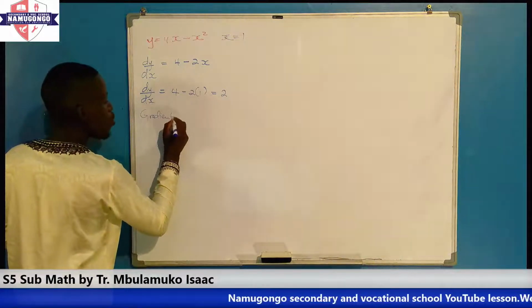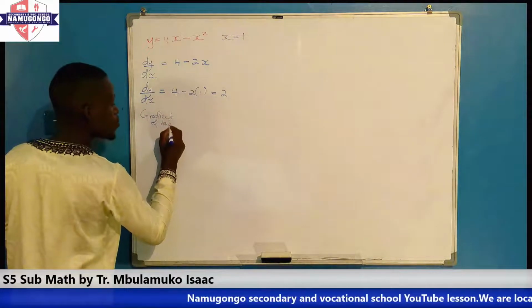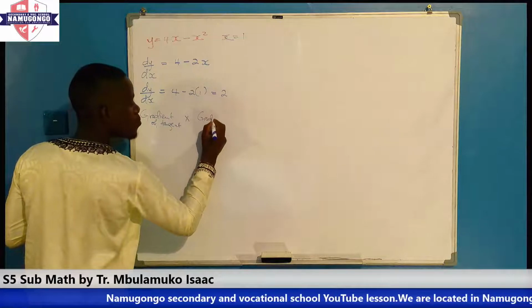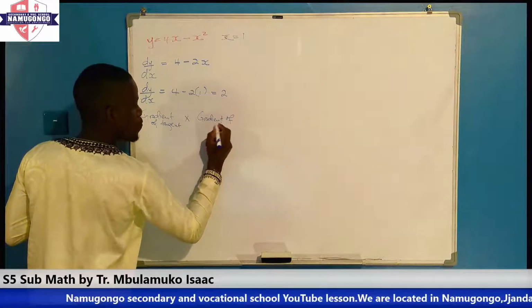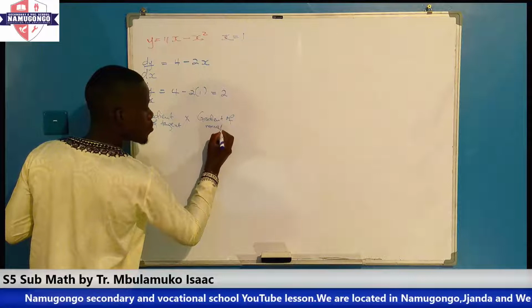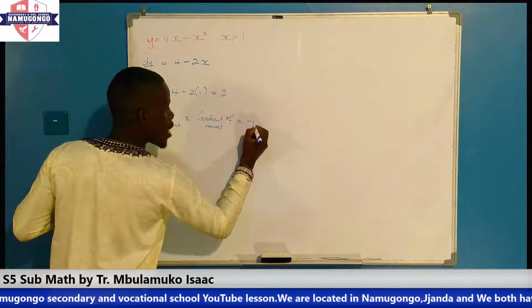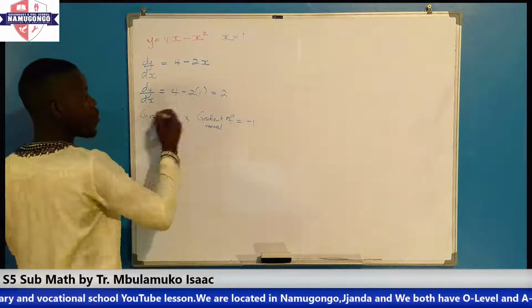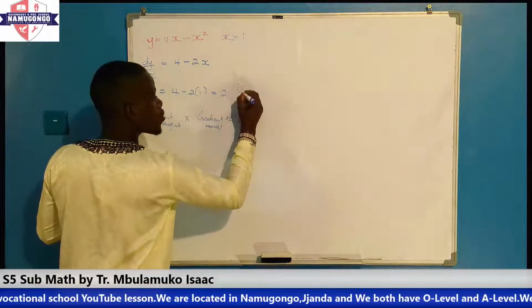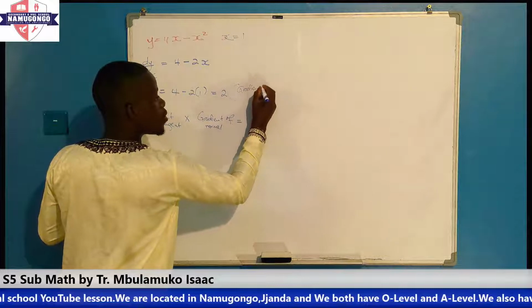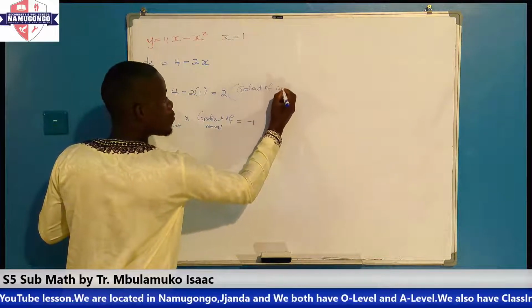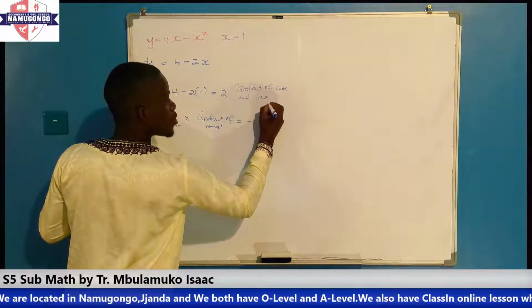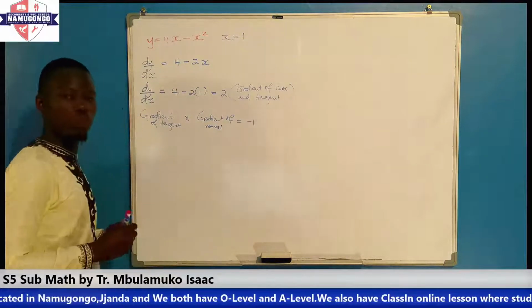As we have seen, the gradient of the tangent times the gradient of the normal is always equal to -1.